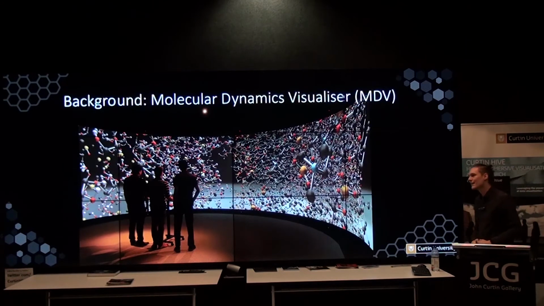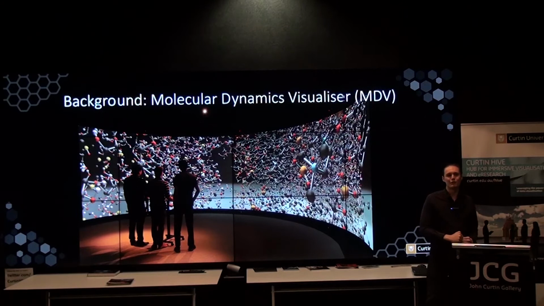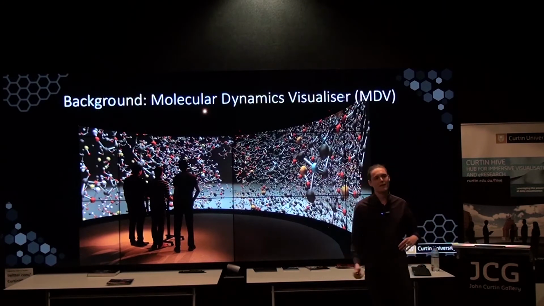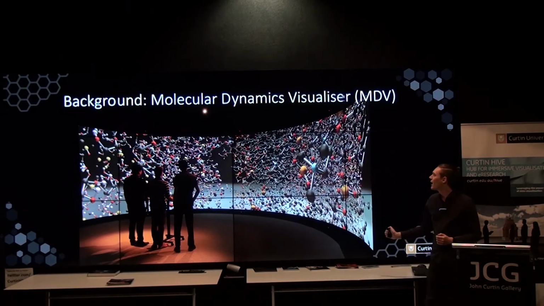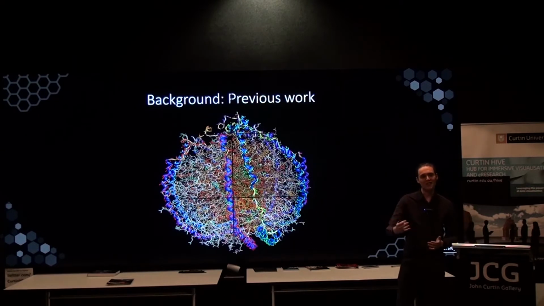Cool. So the molecular dynamics viewer has already been introduced, but it's basically for viewing molecular simulations in 3 dimensions, and that's what I'll be showing during my showcase later. There has been previous work on this by Chris, who's in the audience today. Did a lot of work.